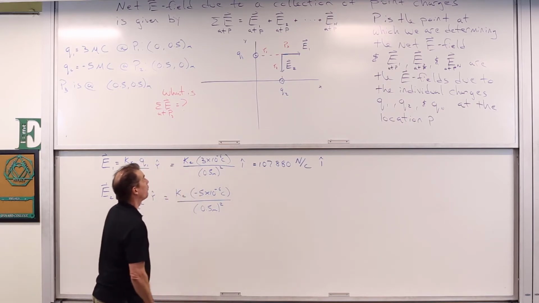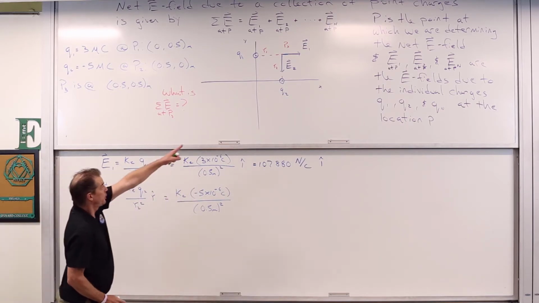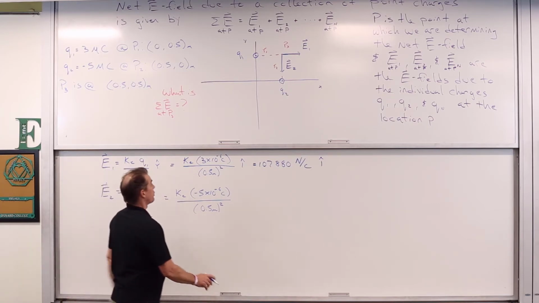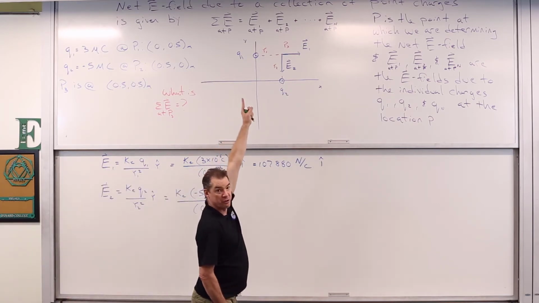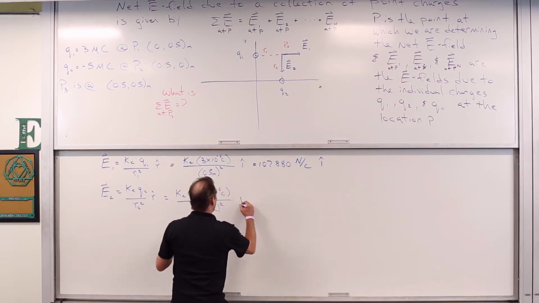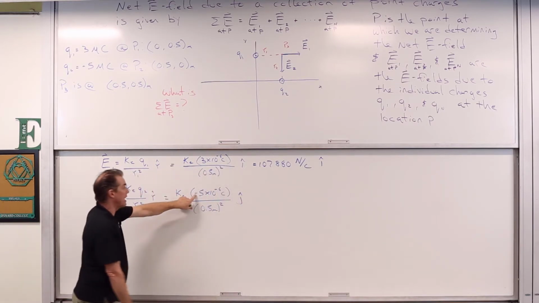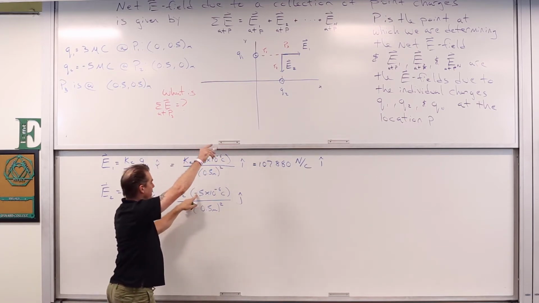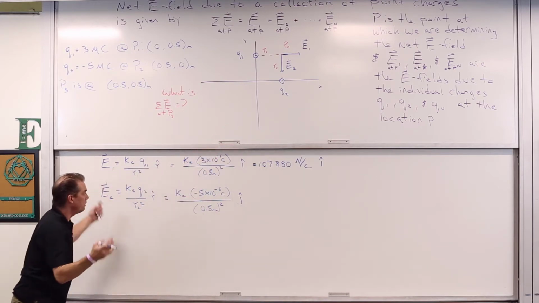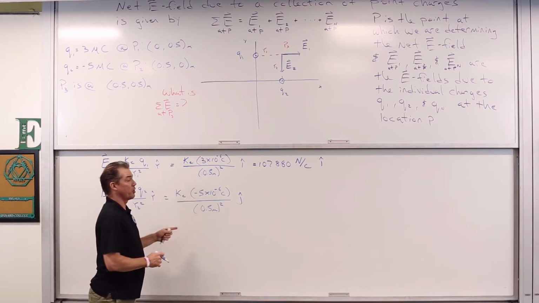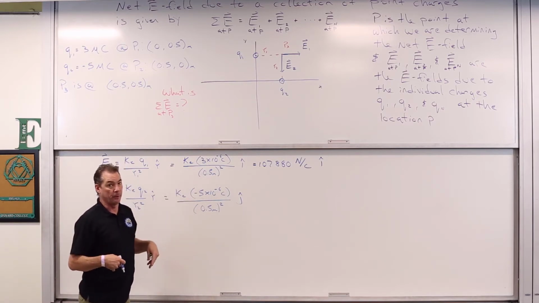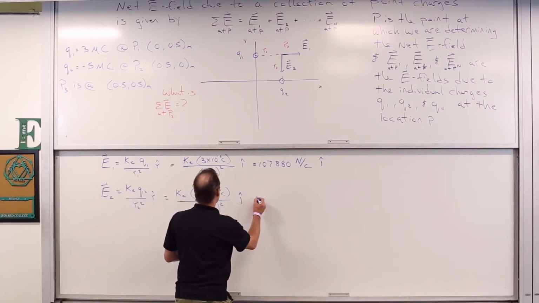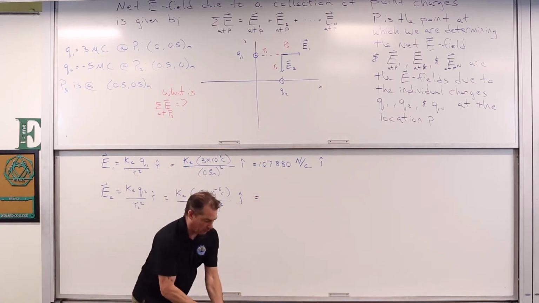And R hat with respect to Q2 would be, well, R hat is just the radial direction, so that would be in the positive J hat direction, the R hat. But there's this negative sign here, so really it's negative J hat, just as it's drawn there. So R hat itself is radial, and then plus or minus determines whether it's outward or inward. So I just put it in for plus here, minus there, tells us negative J hat.